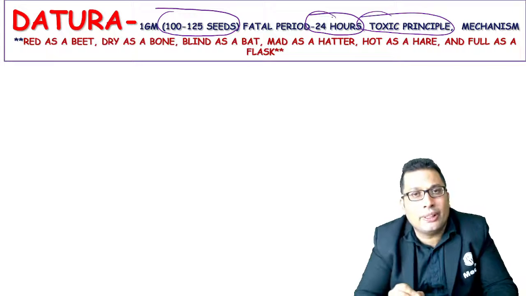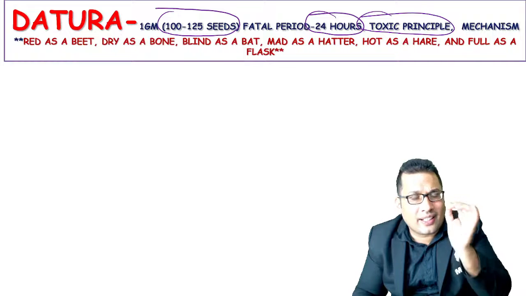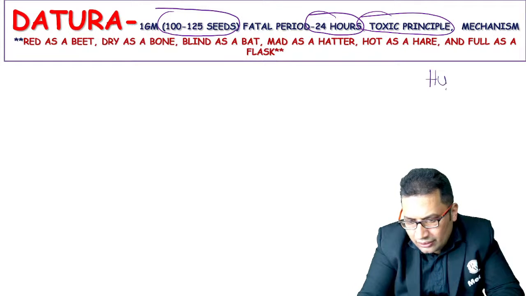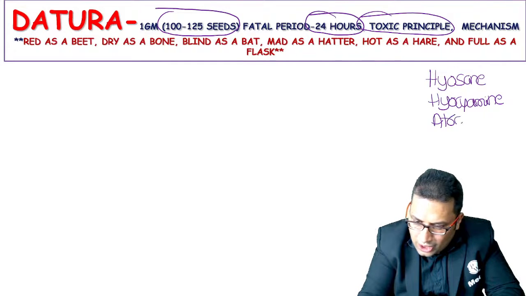What is the toxic principle? The toxic principle will be hyoscine, hyoscyamine, and traces of atropine. Let me write here: hyoscine, hyoscyamine, and traces of atropine.